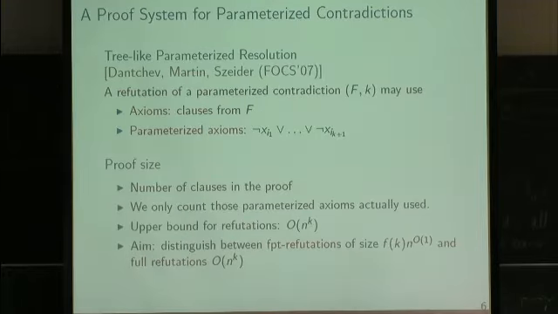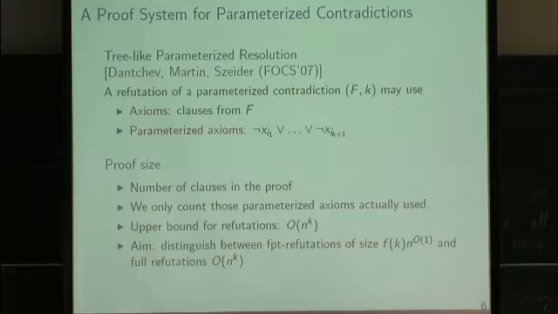And what we would like to do now is to study this in a parameterized framework that was already introduced by Stefan in the previous talk. So let me just remind you, we use tree-like resolution now, so we just have the tree-like resolution rule. We take axioms from the clause set, and we have what Stefan called the naive encoding of the parameterization, that we take up all these parameterized axioms.